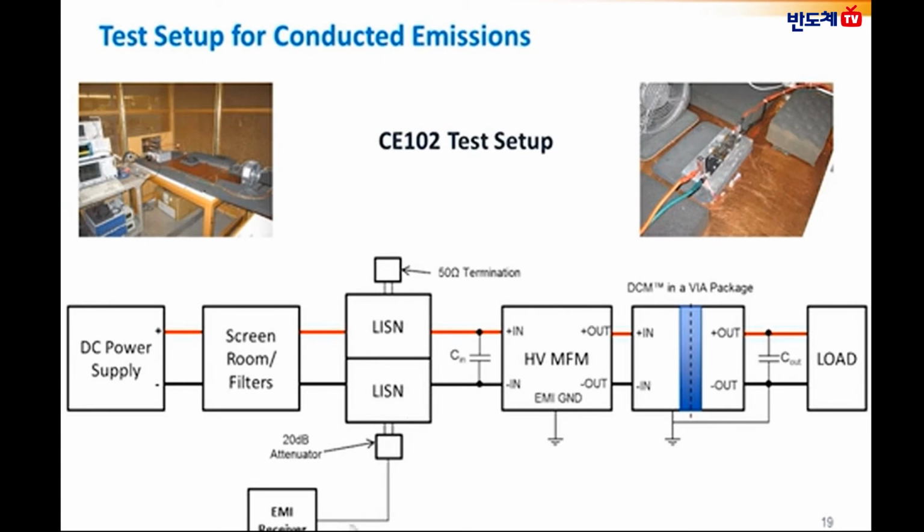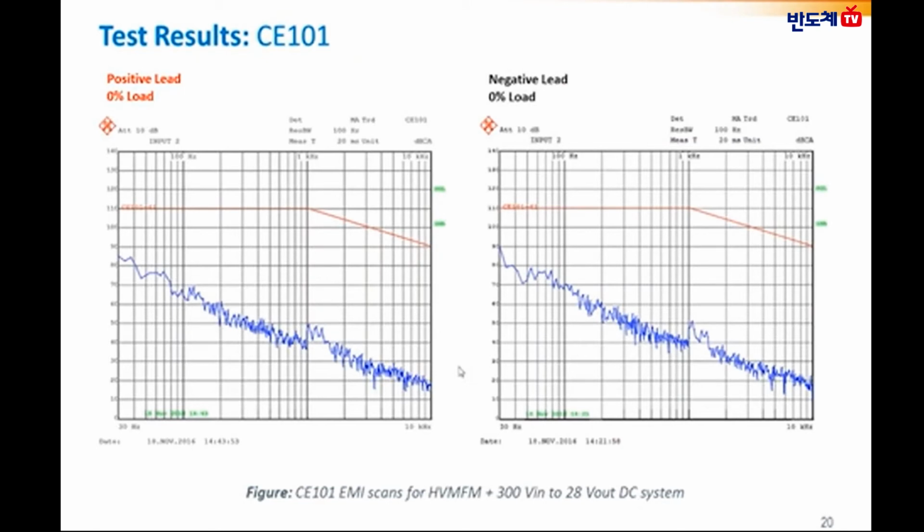The figure on the left shows the typical emission test plots for a positive lead with a 0% load, and the emissions are plotted over a frequency range of 30 Hz to 10 kilohertz as a function of frequency and dB microamps, whereas the red line shows the MIL standard 461 E/F limit line, and the blue emission plot shows the recorded emissions for HV-MFM plus DCM in a VIA package.